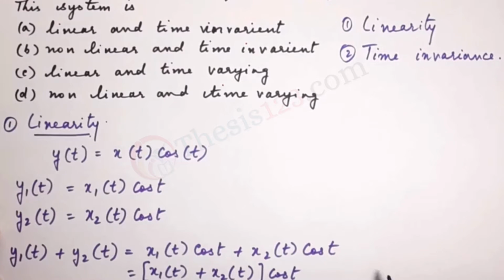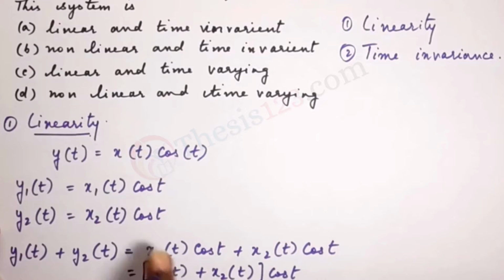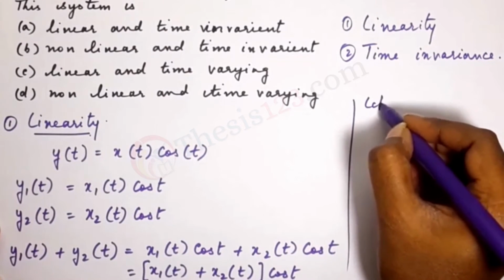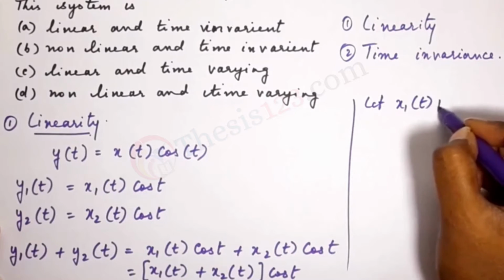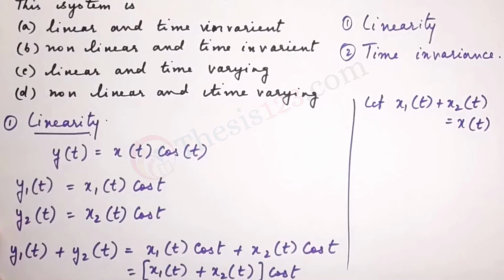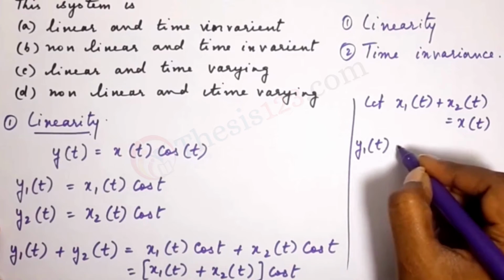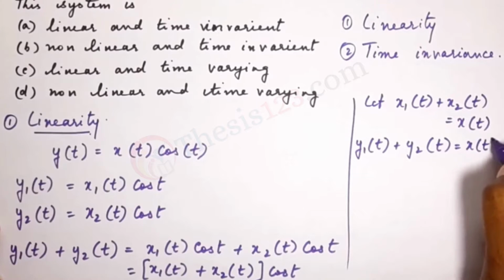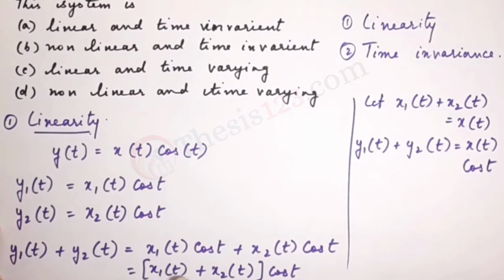Now let's assume that the addition of x1 of t and x2 of t is x of t. Let x1 of t plus x2 of t equal x of t. So let's plug that in. We have y1 of t plus y2 of t is equal to x of t times cos t.